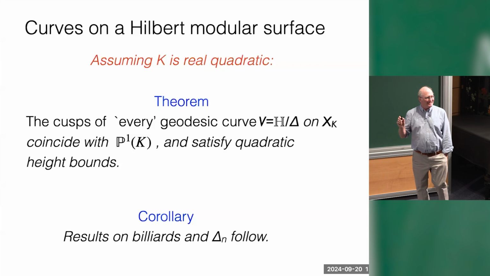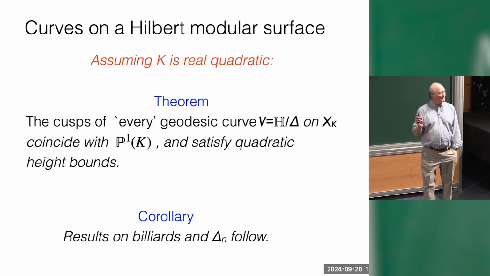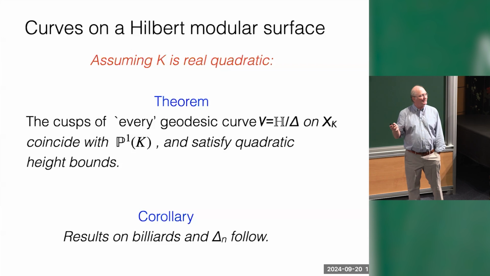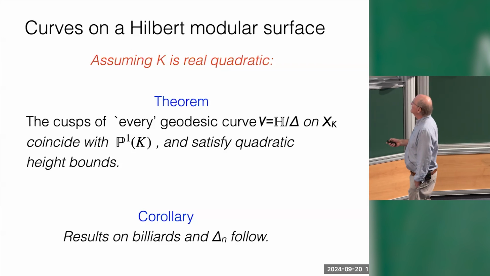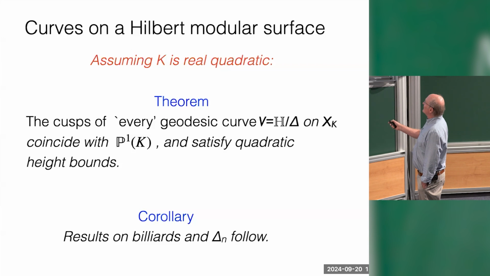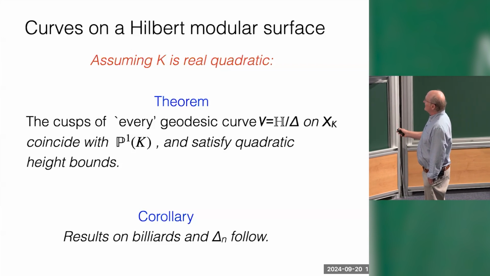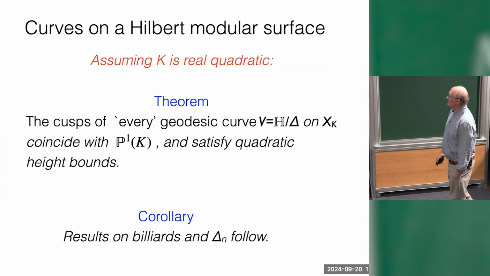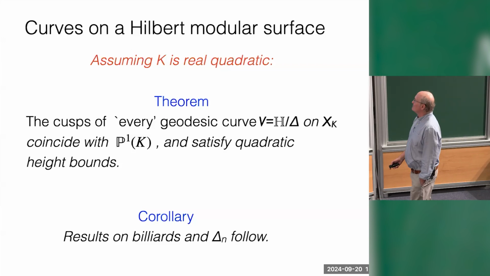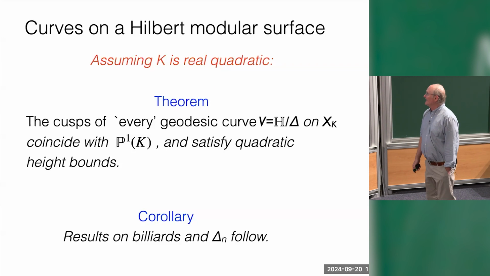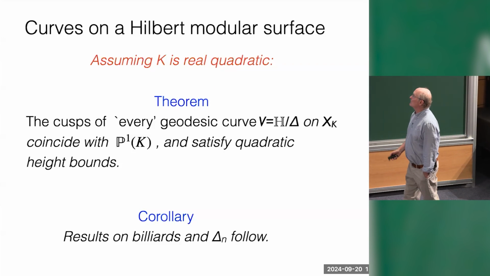Okay, so it's a consequence of the hypothesis that delta, which looks random at first, is in fact a thin subgroup of SL2OK, just as in the billiard case. So the billiards have disappeared and the triangle group has disappeared, but the results on billiards and the cusps of delta n follow. At least in the case of the pentagon and the octagon and the 12-gon, the n-gons that have something to do with quadratic fields.